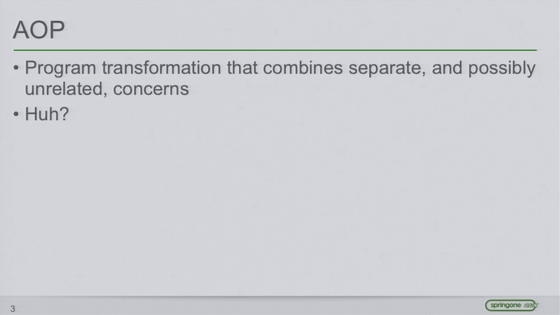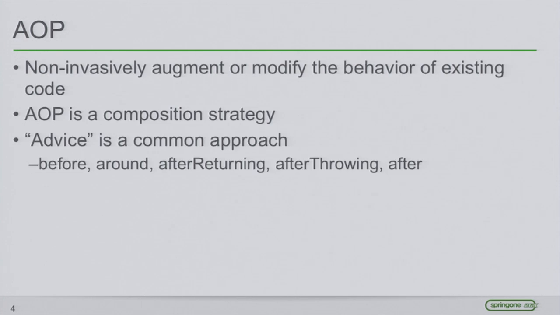So AOP, if you look it up on Wikipedia or some other sources, you get a definition that looks like this. It's a program transformation that combines separate and possibly unrelated concerns. You're like, what does that mean, right? Sounds kind of cool, but I don't know what that means. So the way I tend to think about it, and this may be just as confusing, is a way to non-invasively augment or modify the behavior of existing code.